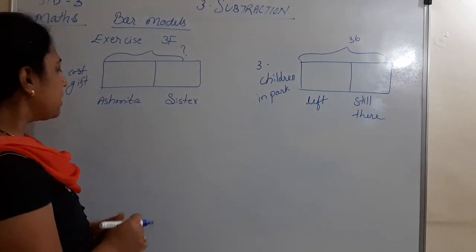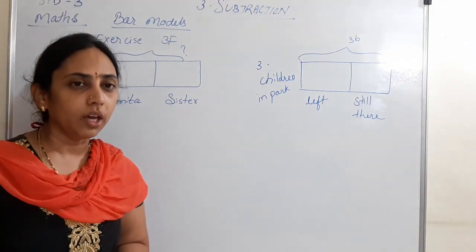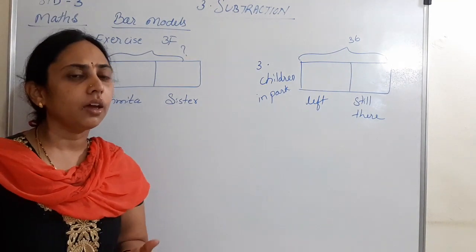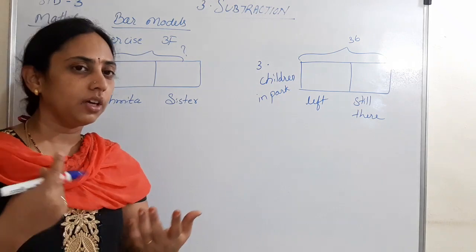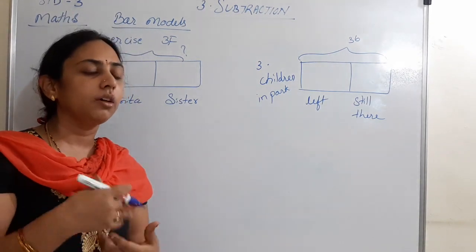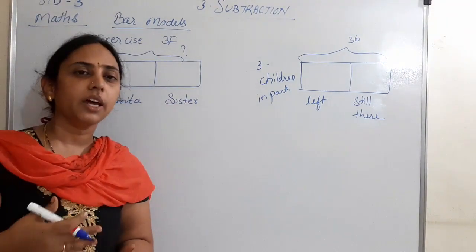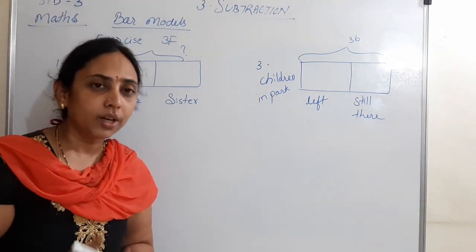First question is, there are two sisters, Ashmita and her sister. Now they want to gift their mother one birthday gift, and they have given money to purchase that gift. Now what is given?